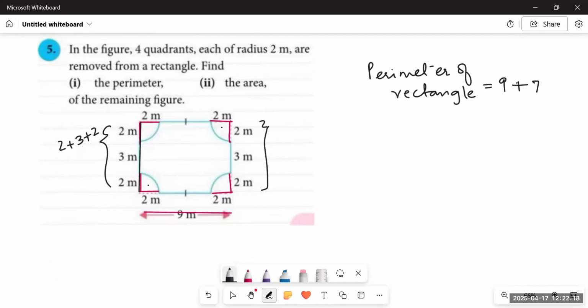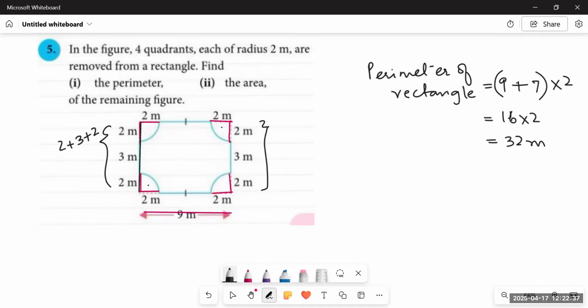So we will simply add those two and then multiply by 2. So 9 plus 7 is equal to 16. 16 multiplied by 2 is equal to 32. So if we had the whole rectangle, then the perimeter of this whole rectangle would be 32 meters.